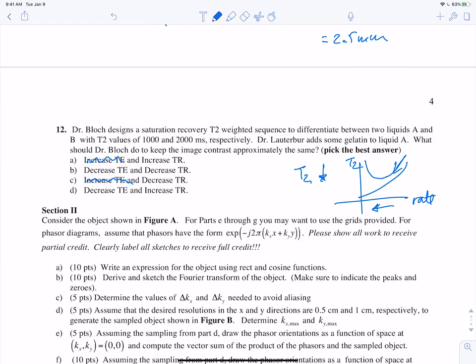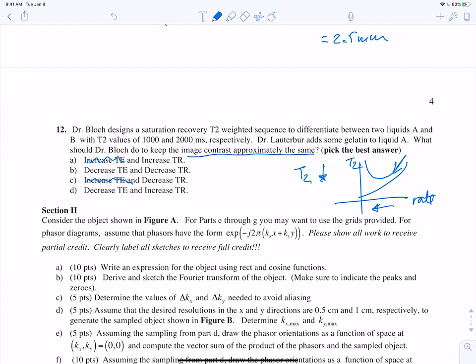So do we increase TR just because we want to have a long TR for T2 weighted imaging? I think, looking at it now, the way that it's read, it's basically to keep the image contrast approximately the same.